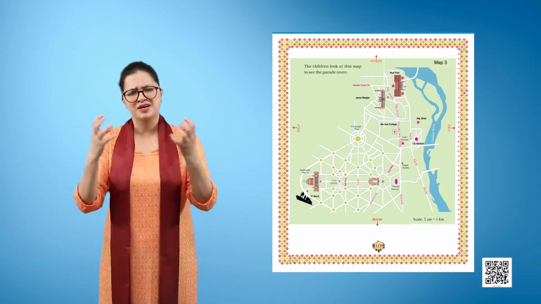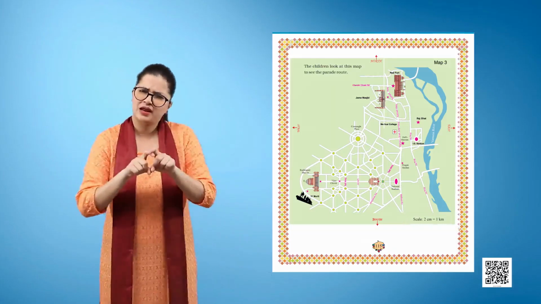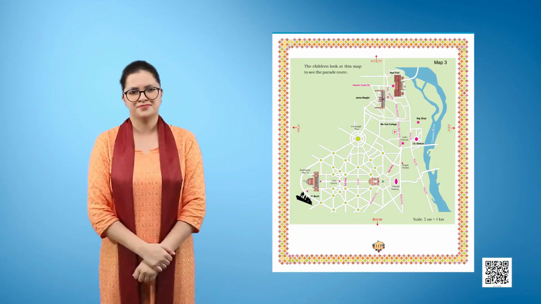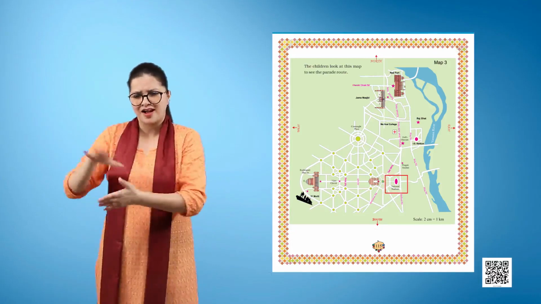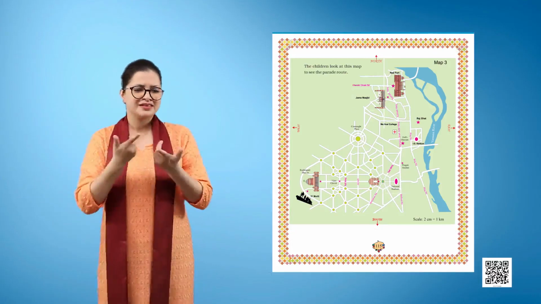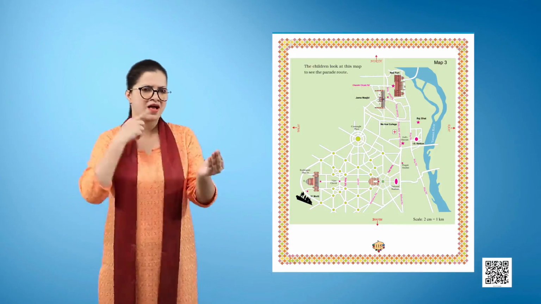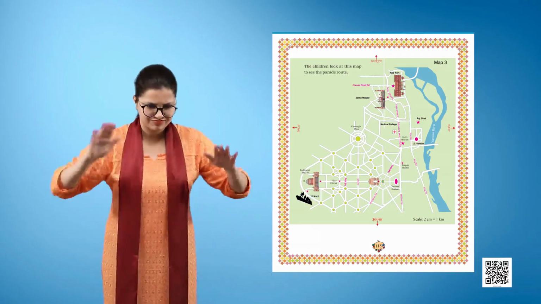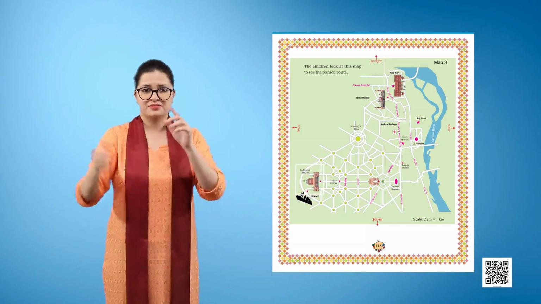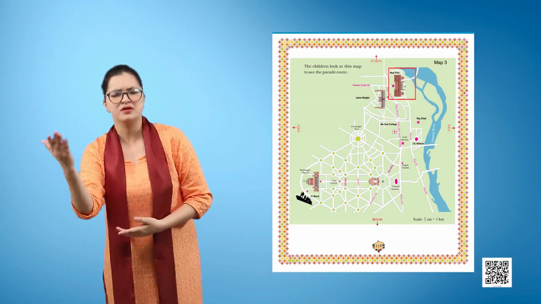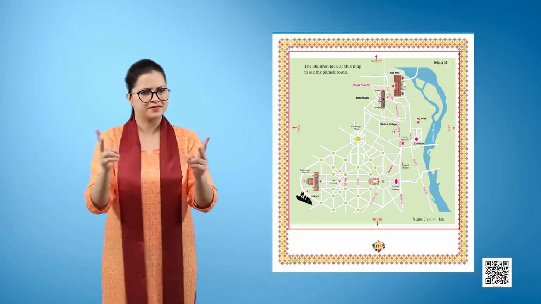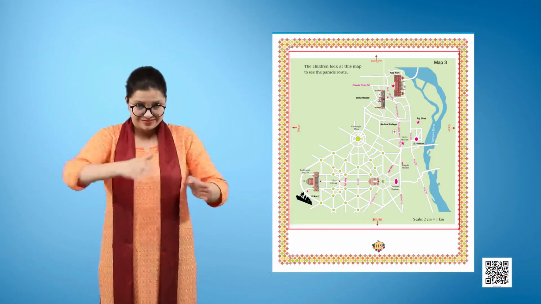Many major landmarks are clearly visible, like India Gate, National Stadium, Jama Masjid, Rashtrapati Bhavan, and Red Fort. The names of the roads are also written on the map.